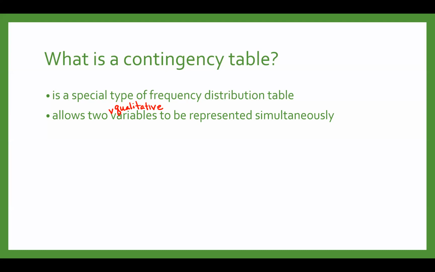So it allows us to look at two variables at the same time. Maybe we want to look at gender and eye color, or gender and pathway. A contingency table allows you to represent or compare two qualitative variables at the same time.